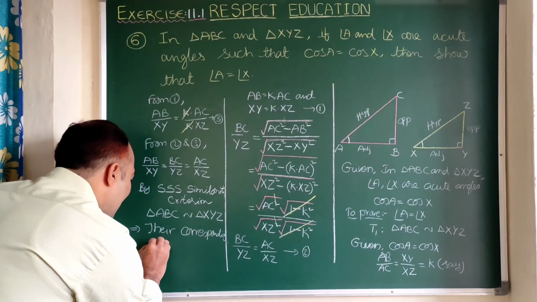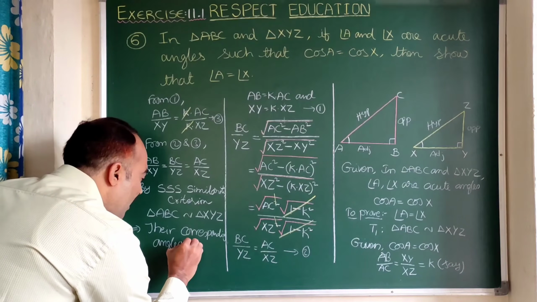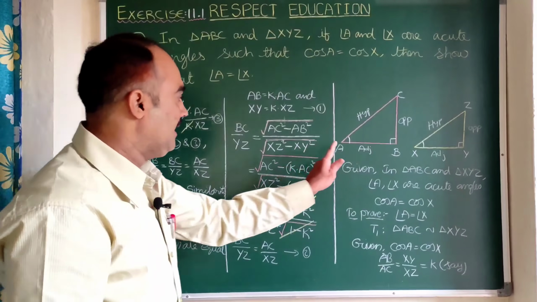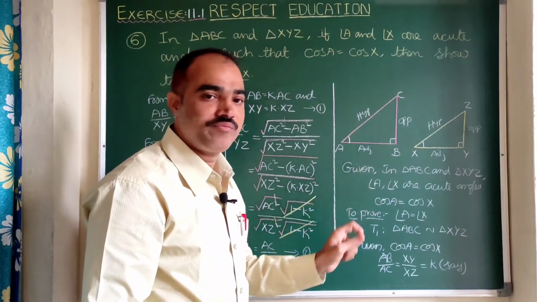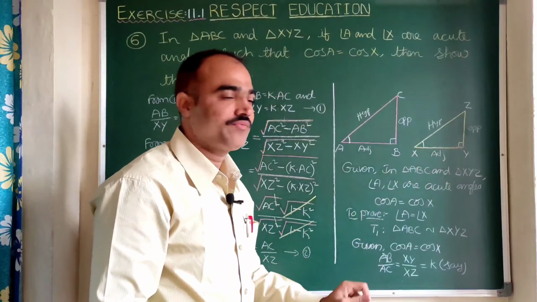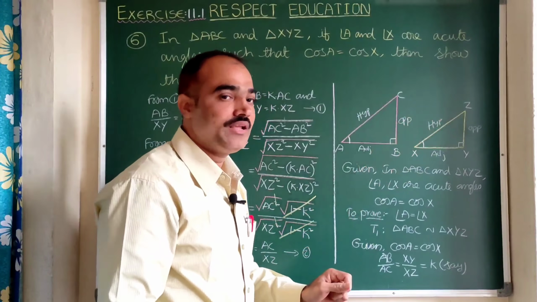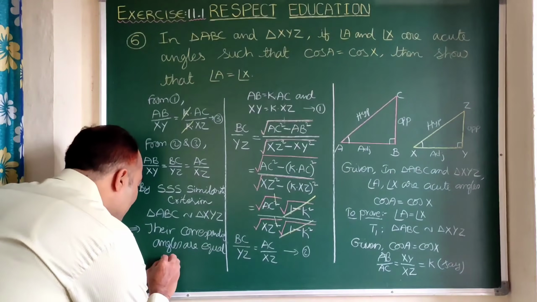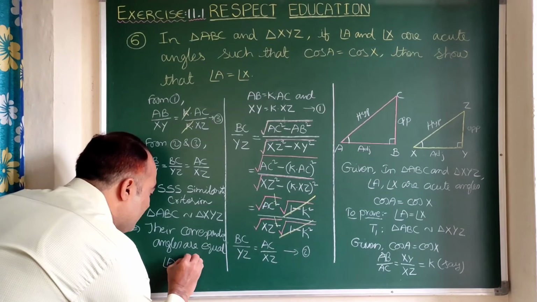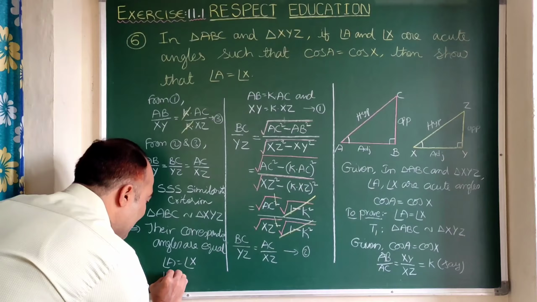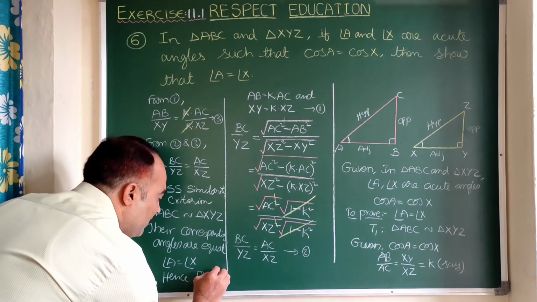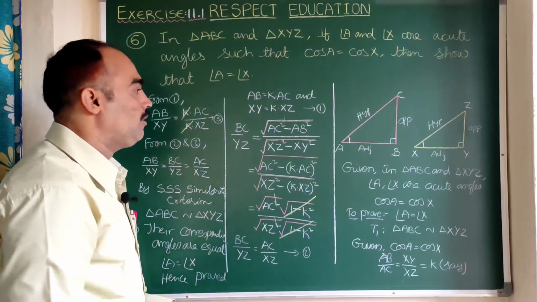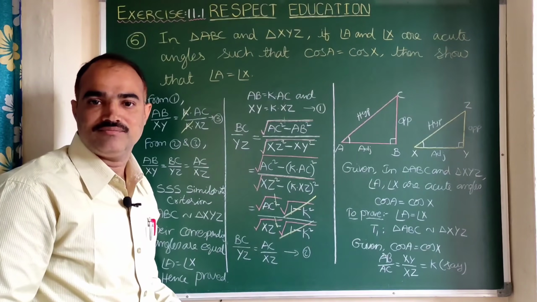If I take angle A equal to angle B equal to angle C, what is required for us? We write only that angle A is equal to angle X, hence proved. Is it clear to all? Yes, sir. With this, problem 6 gets completed.